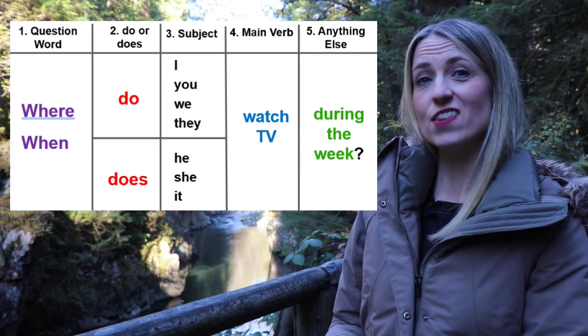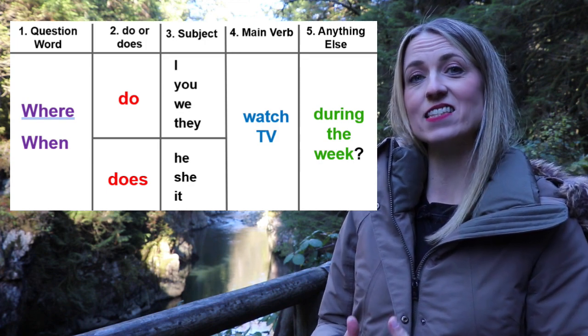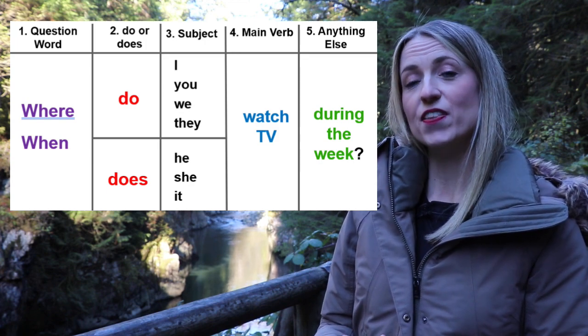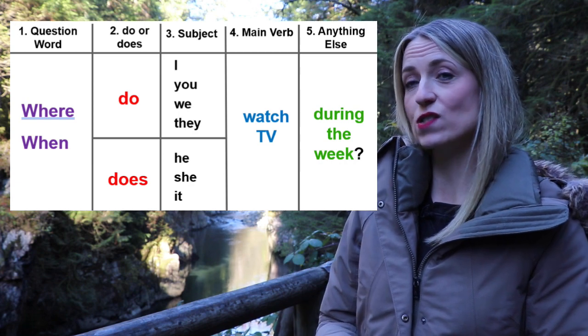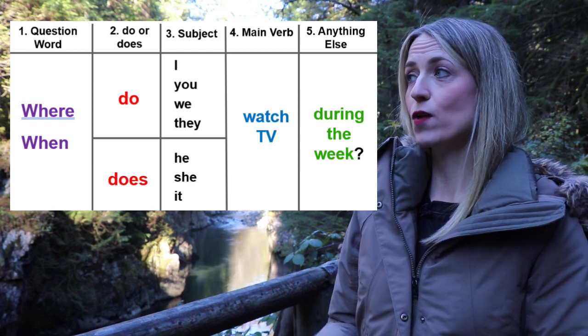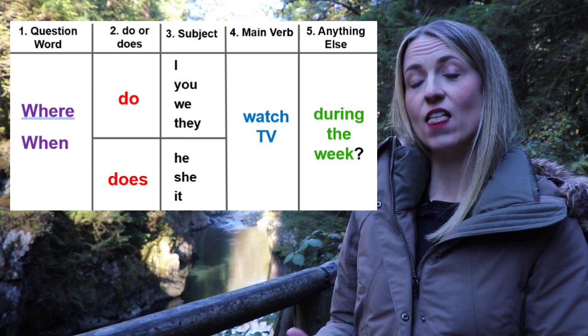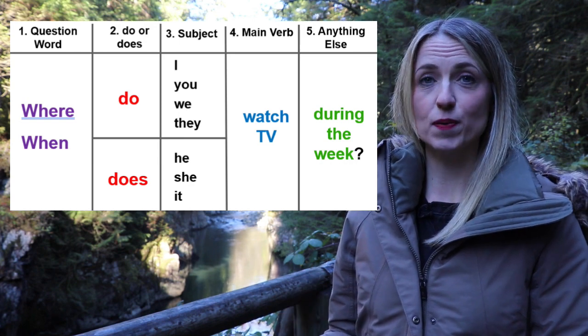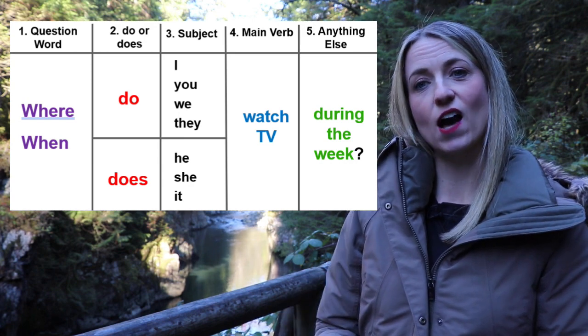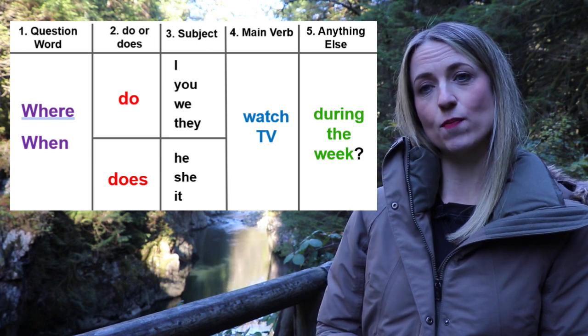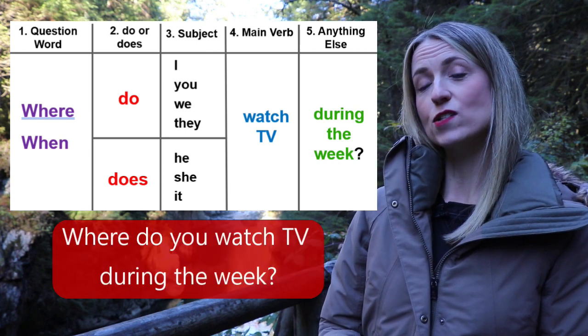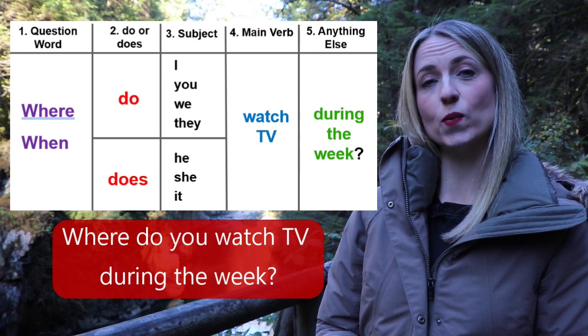And actually, the rest of the chart is exactly the same as before. This time, second is our do or does, followed by our subject, then our base verb or main verb, and then anything else at the end. For example, "Where do you watch TV during the week?"